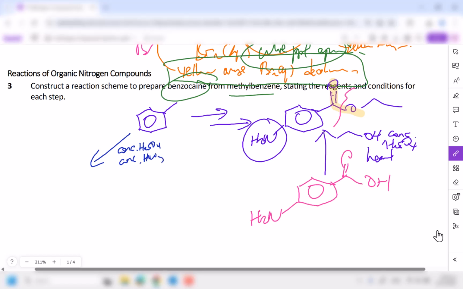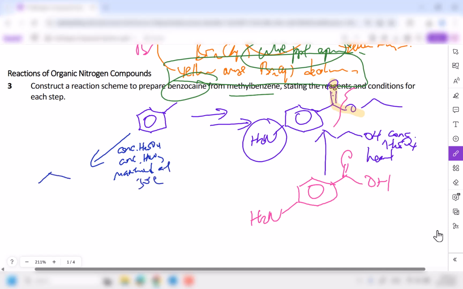Do we need the heat? We don't need the heat, because if you look at our structure, we have a methylbenzene. The methyl group is an electron-donating group, so you activate the benzene ring towards electrophilic substitution. So room temperature is likely to suffice. We can write maintain at RT or 30 degrees Celsius.